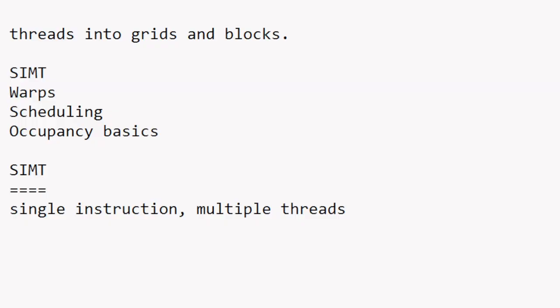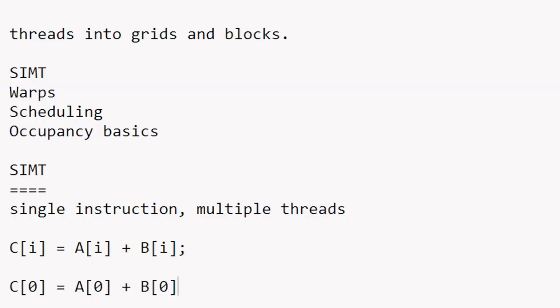For example, if we have a vector addition example, C[i] equals A[i] plus B[i], and one thread will compute C[0] equals A[0] plus B[0].